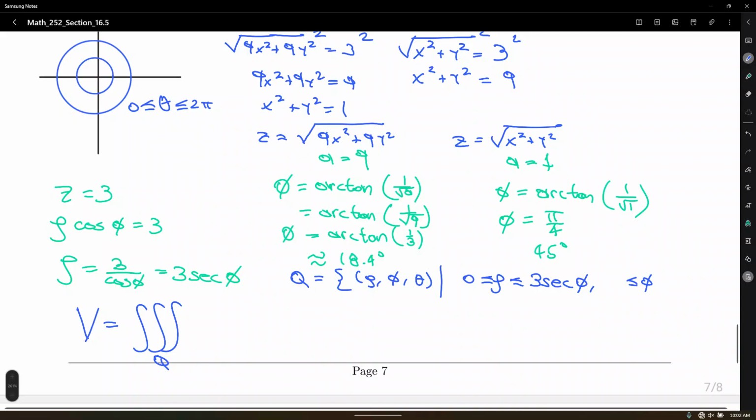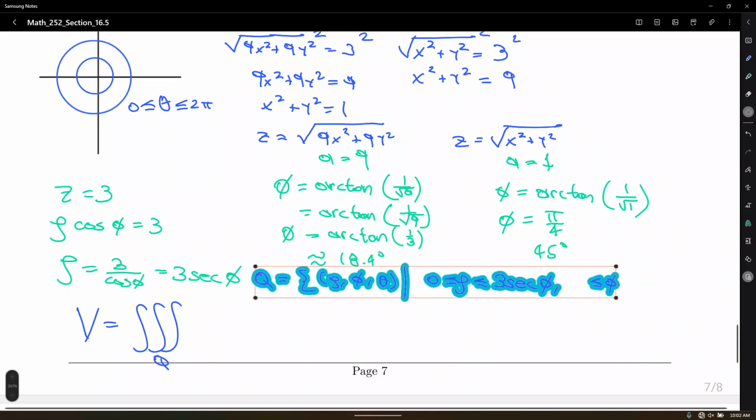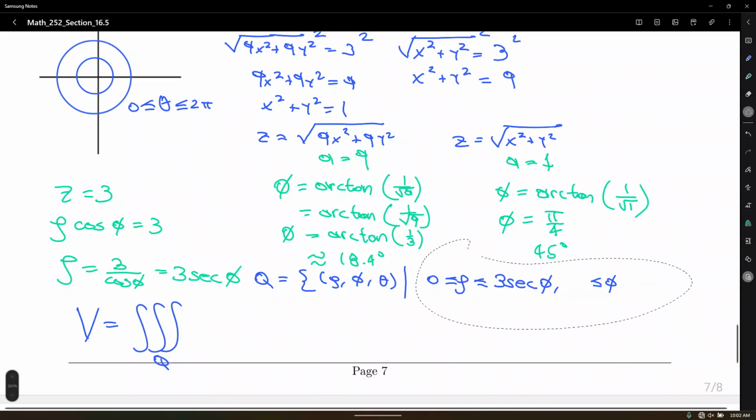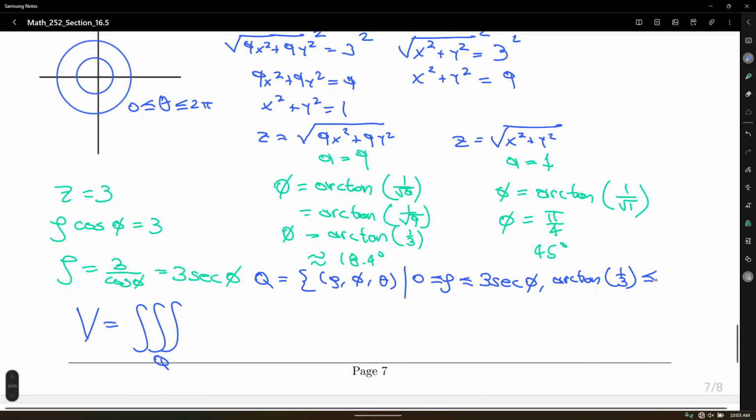So I'm going to need more space here. Okay? So that is bounded below by arctangent of 1/3. What else? Phi, and pi over 4. And lastly, theta varies between 0 and 2 pi.